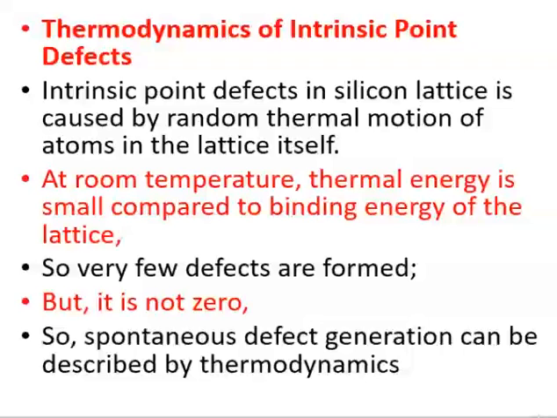But nevertheless, since the temperature is not 0 degree Kelvin, we have some. Therefore, the defect is not going to be 0. So for this reason, whenever there is a rise in temperature, there is spontaneous defect generation. That is random or natural defect generation, which can be described by the principles of thermodynamics.